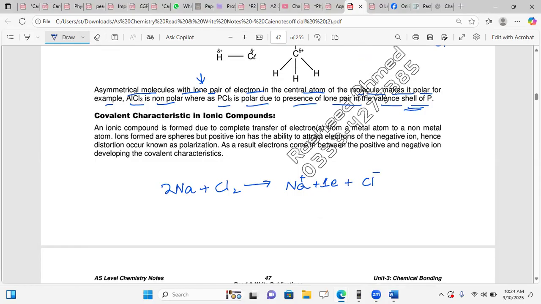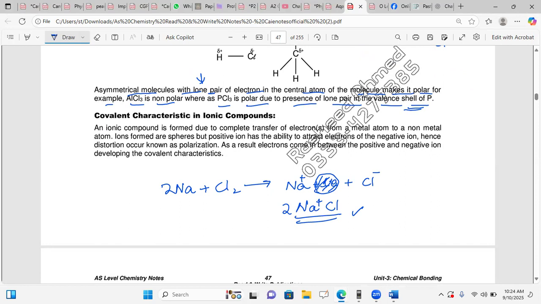Then it is going to produce Na plus and Cl negative ions, and electrostatic forces of attraction are responsible for this compound formation, 2NaCl. This is the ionic bond character.